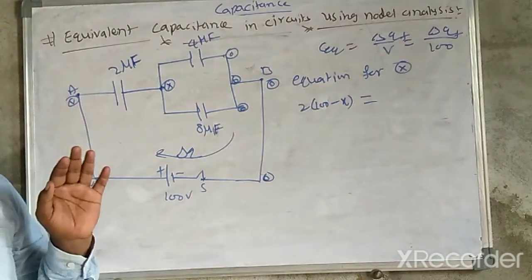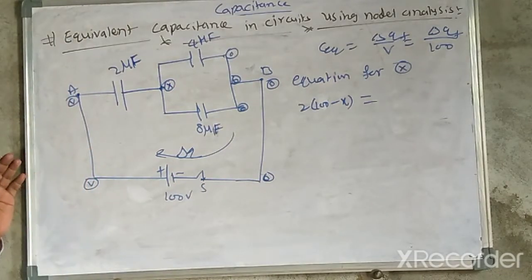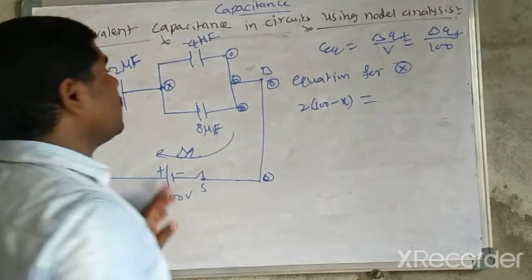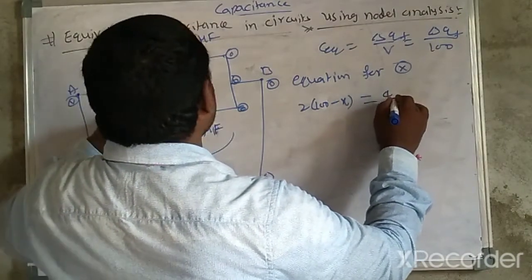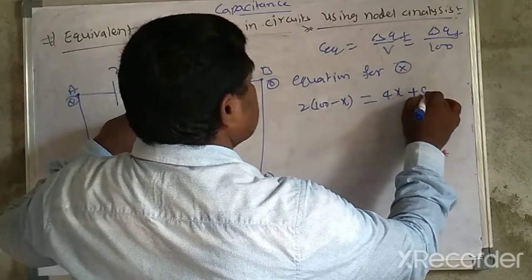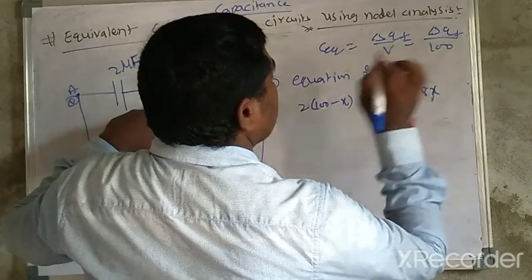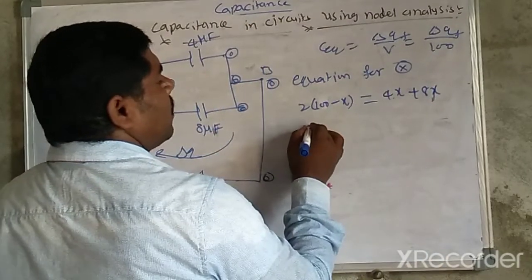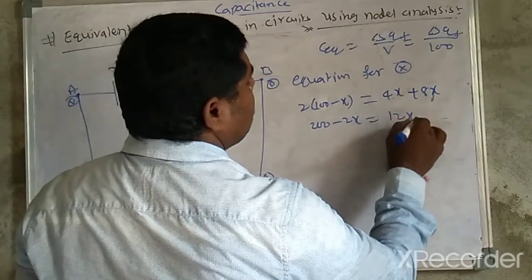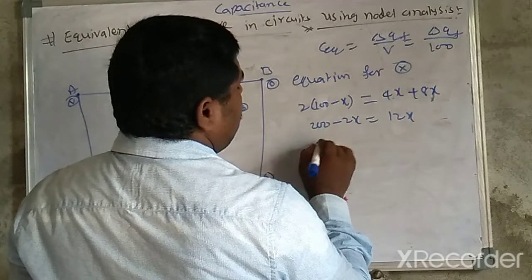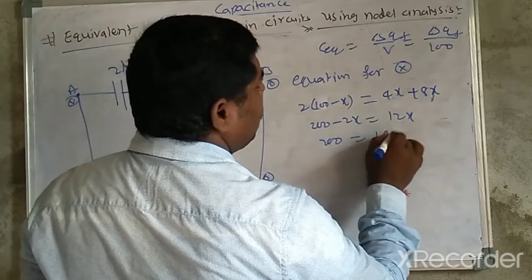So 2 into 100 minus x should be equal to 4 microfarad into x plus 8 microfarad into x. So 200 minus 2x is equal to 12x. So 200 is equal to 14x.